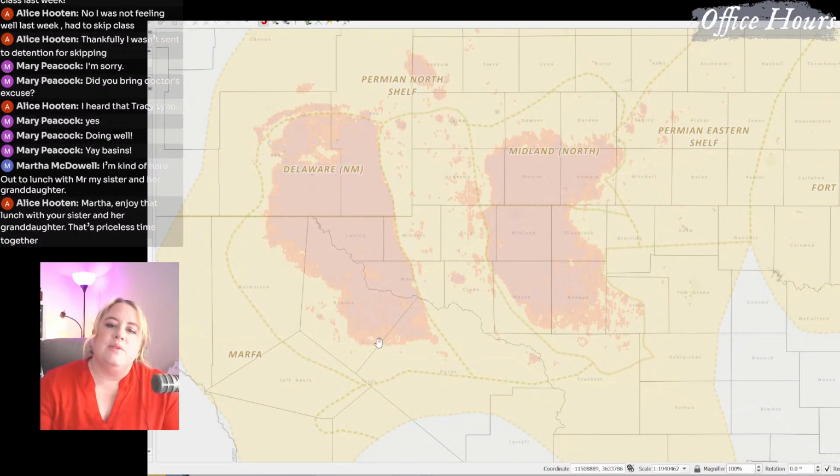And the nice thing is that it makes for these really big fairways and plays that are widespread. Each one of these is a county, right? So this is across multiple counties that the Delaware Basin spreads, and there's value across the whole thing.